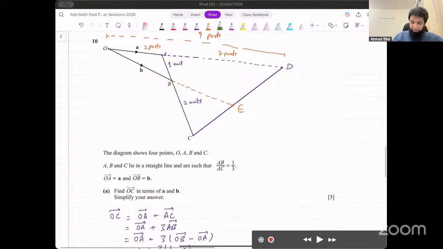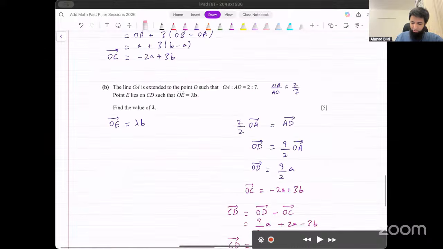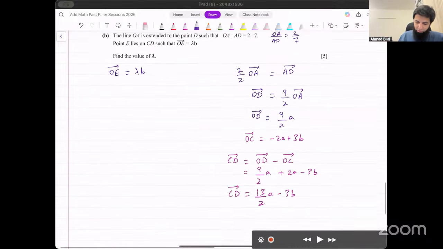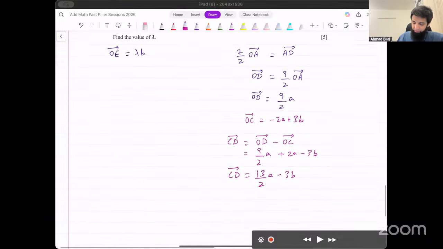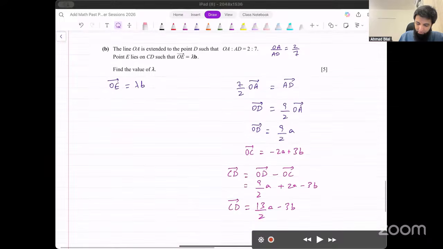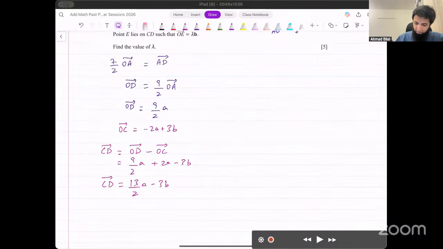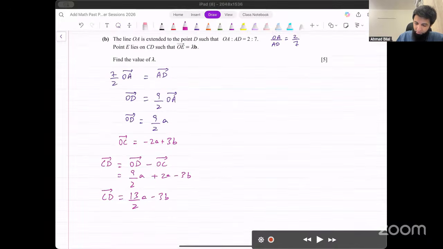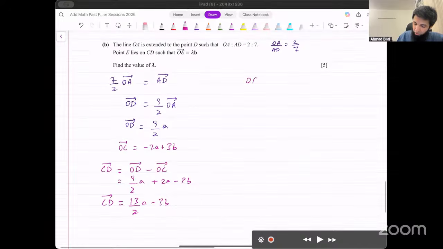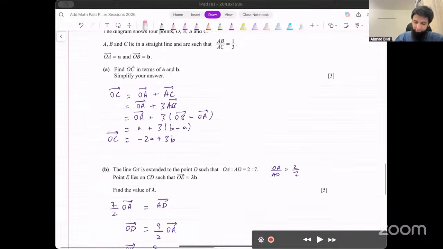CE, since it lies on the line CD, will be in the same direction as CD. So let's write CE vector.